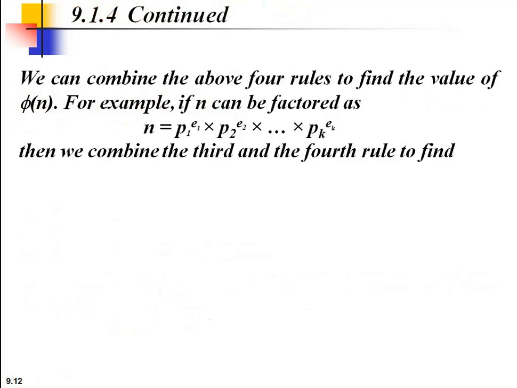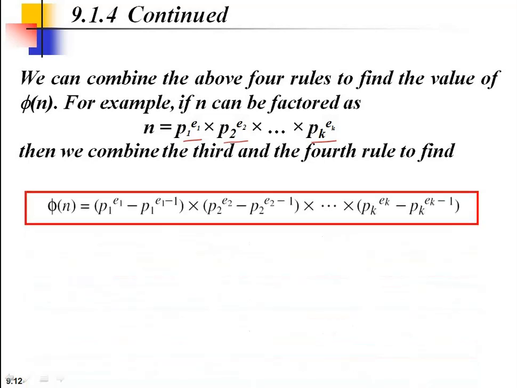Let us continue with this topic. We can combine the above rules to find the value of phi of n. For example, if n can be factored such that n is equal to p1 to the power e1, p2 to the power e2, up to pk to the power ek, where p1, p2, up to pk are all prime numbers, then we can easily combine the third and the fourth rule to find the value of phi of n.